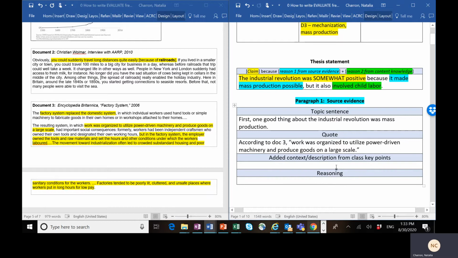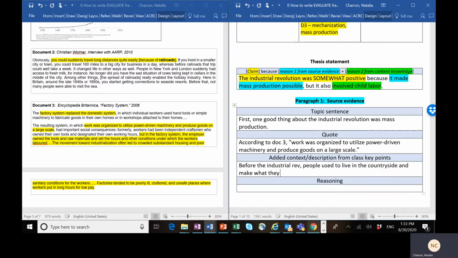Another way of adding context or description is you could contrast with whatever alternative you might have in mind, and just describe it in detail. So the quote's talking about after the Industrial Revolution, you could make things with machines and it was cheaper and faster. So you could talk about before the Industrial Revolution, people used to live in the countryside and make what they needed by hand.